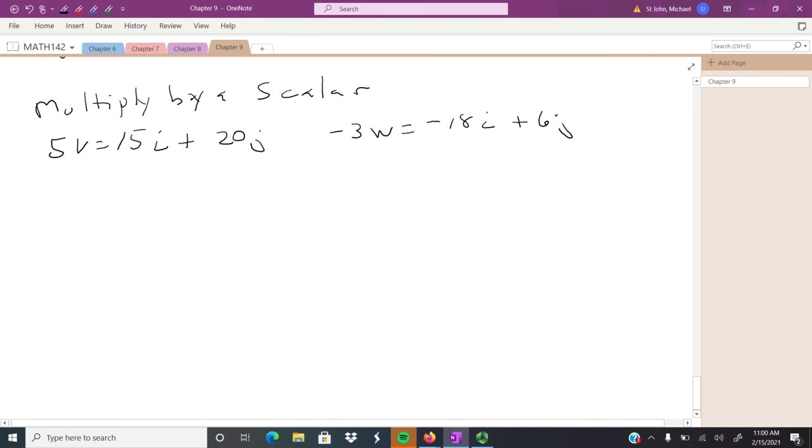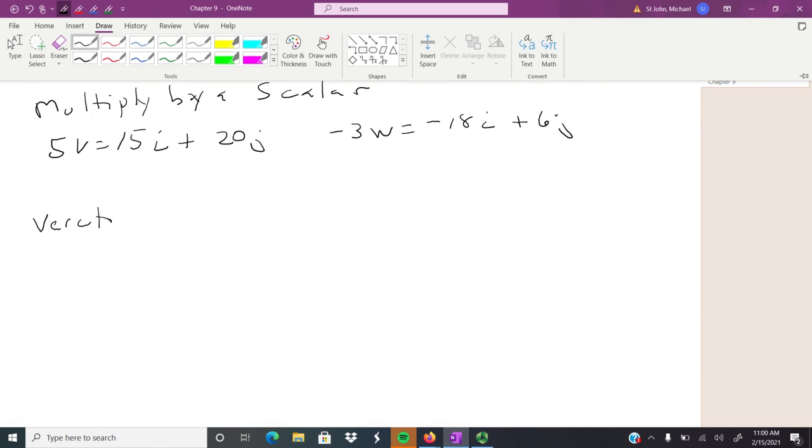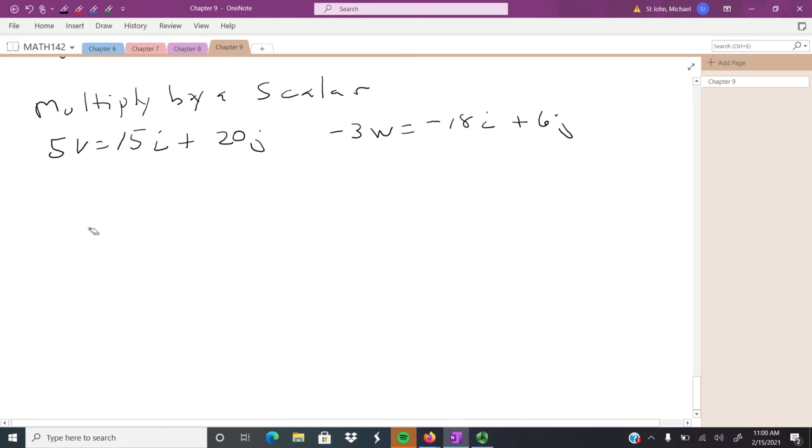Another way you can write a vector, try that again. So another way, given 2 points, starting point, end point, the vector would be x2 minus x1, and then y2 minus y1.